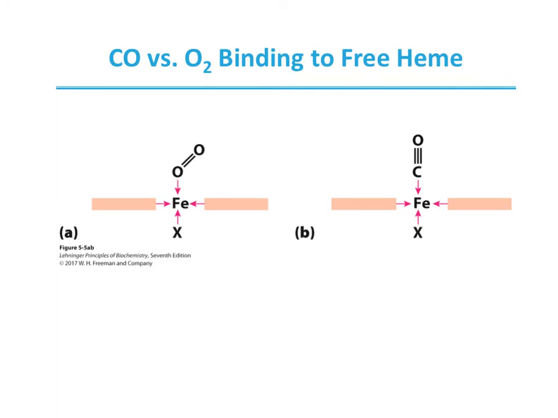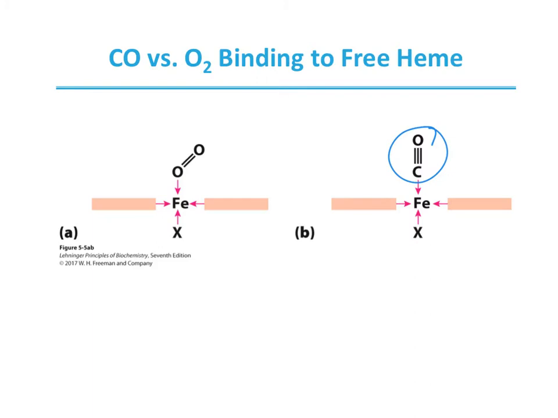This figure shows how oxygen binds to iron and how carbon monoxide binds to iron in free heme. So this would be heme that's not bound to protein. Now, CO would like to bind in this perpendicular fashion. However, when it binds to the heme, when it's part of the myoglobin, it's forced to adopt a slight angle, which actually weakens the binding of carbon monoxide to heme in myoglobin.